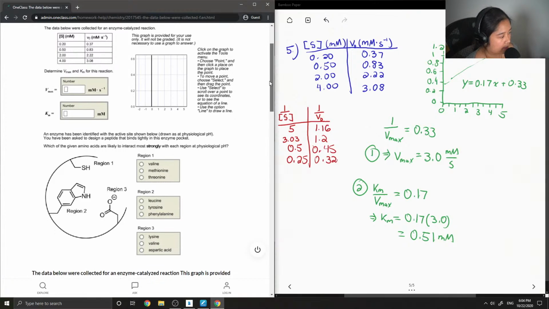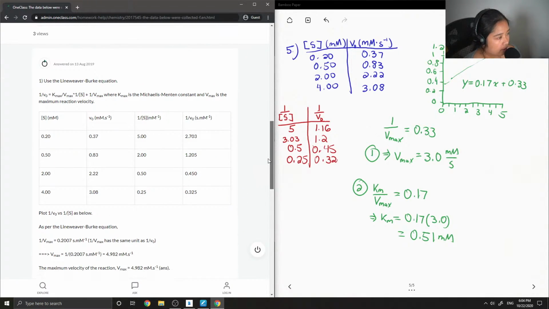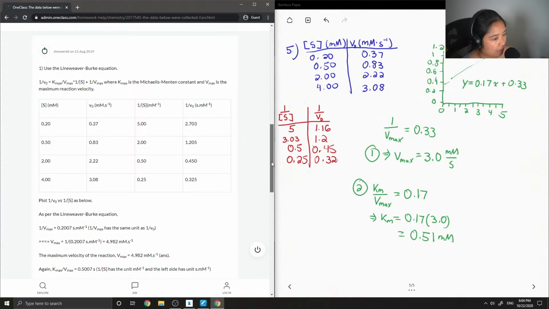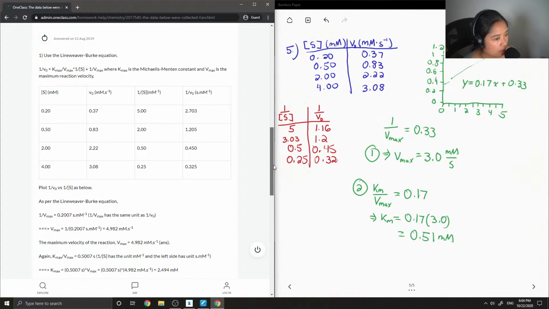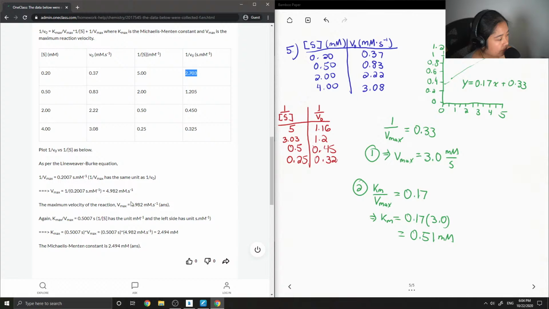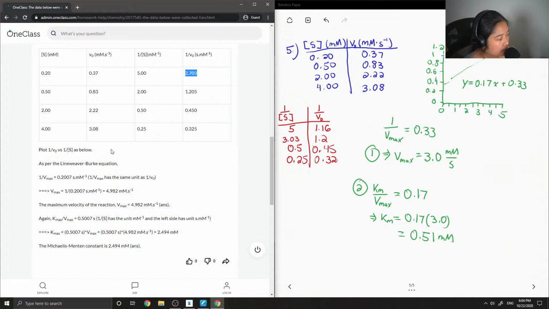Just since this is such a different question than part B, let's see what our junior tutor said. So they plotted the reciprocals. They got a different value here, but the rest are right. I think that just from that one mistake, it kind of messed up their math a little bit.